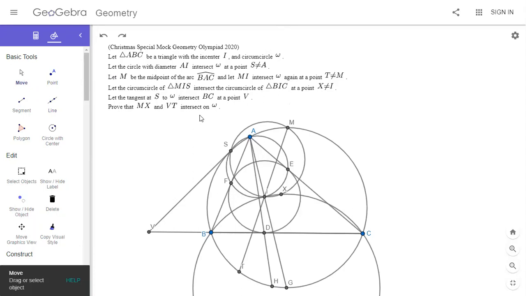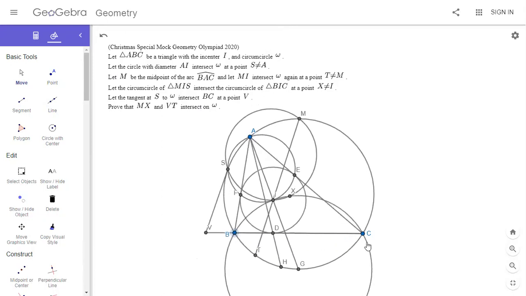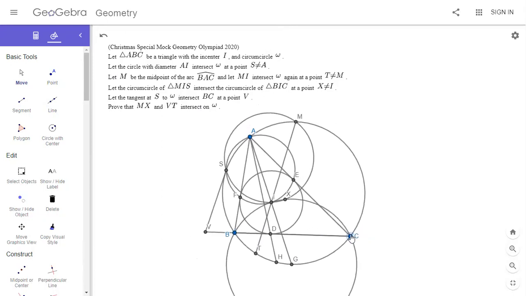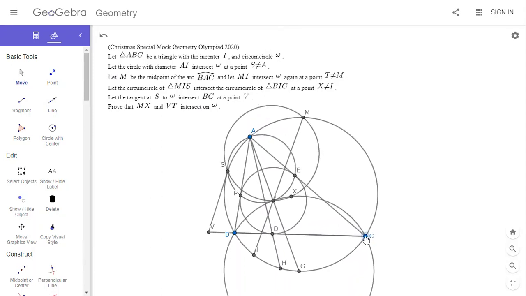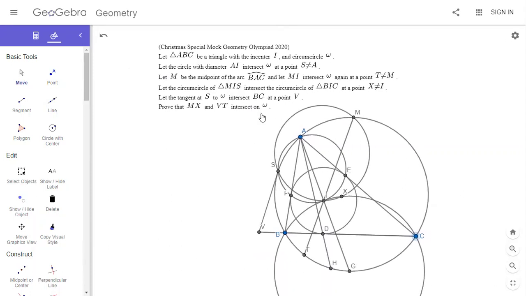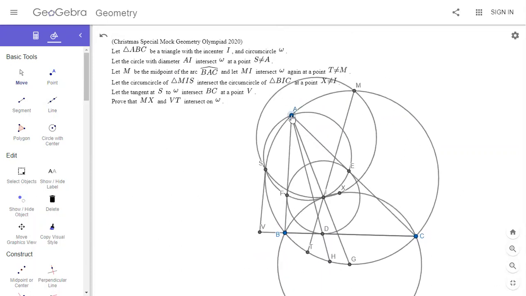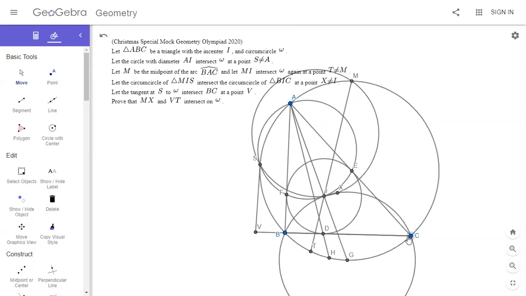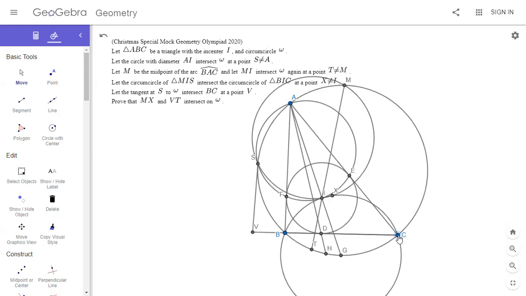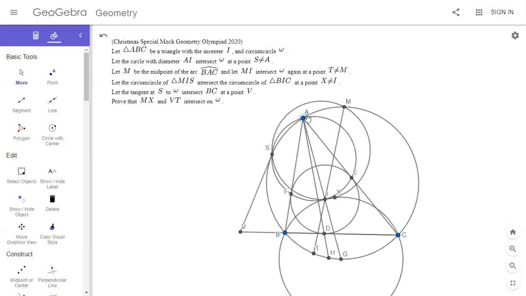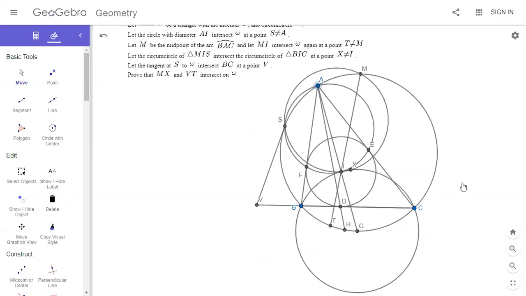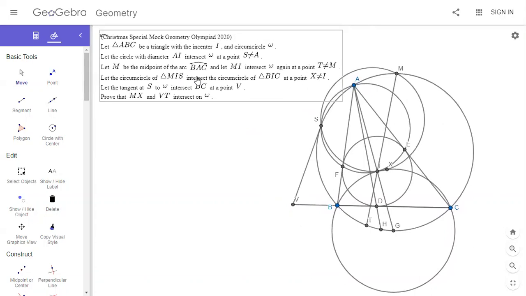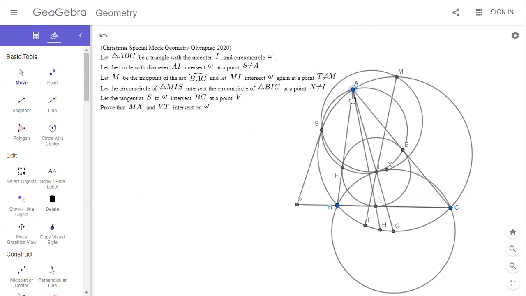How did you find that? How did you find that ID and MX meet on the circle? Do you remember how you proved that ID and MX meet on the circle?